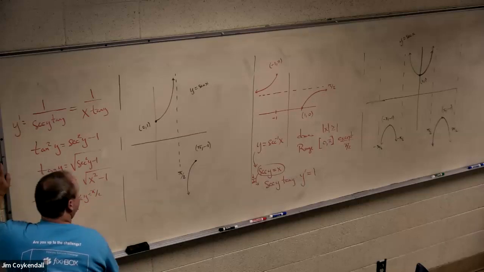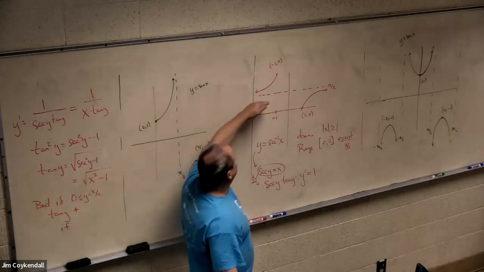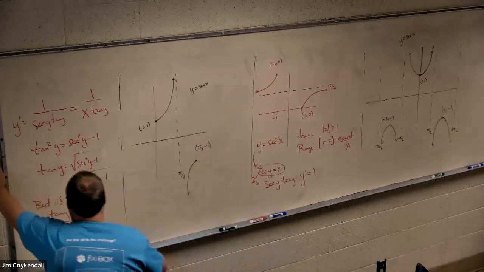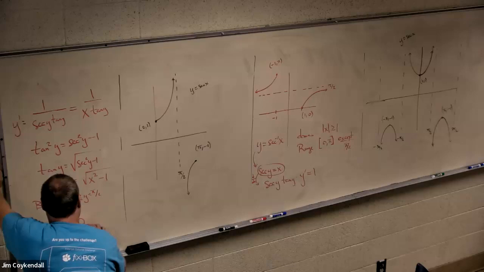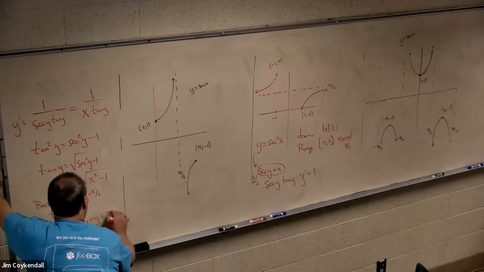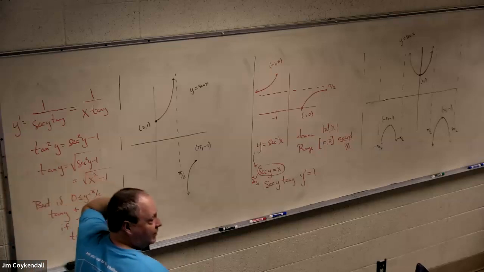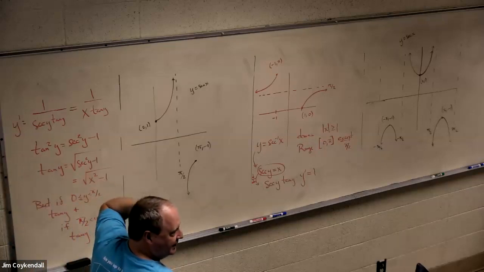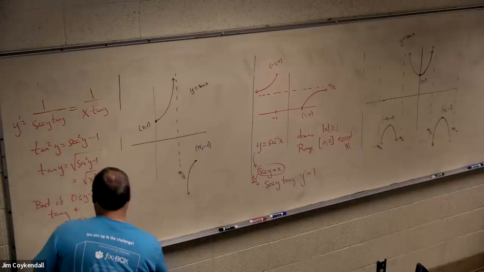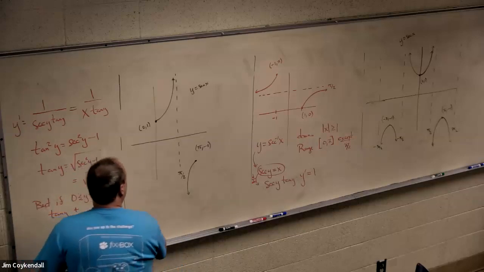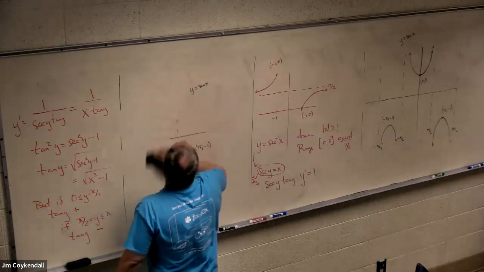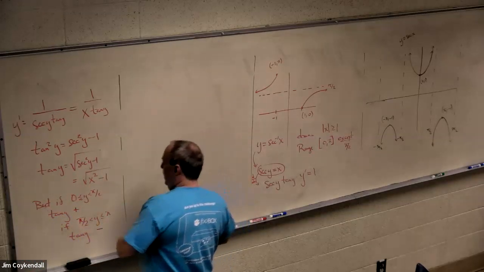And in this other range, the tangent of y is the tangent in the second quadrant. It's negative, right? So what do we get?